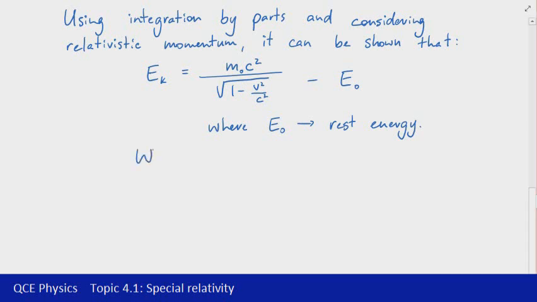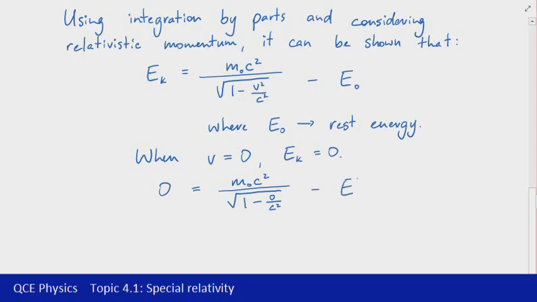If we consider the kinetic energy when the velocity is 0, that means that we're going to have EK being equal to 0. So if we make those substitutions, we end up with 0 is equal to m0 c squared over the square root of 1 minus 0 squared, so 1 minus 0 over c squared, minus that term E0.